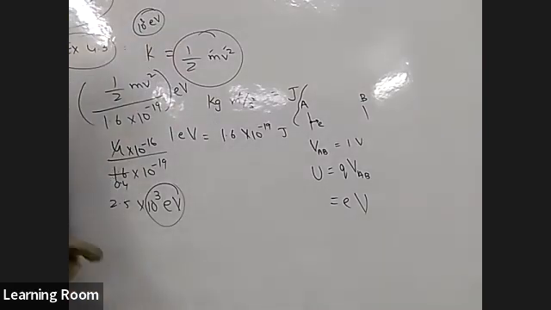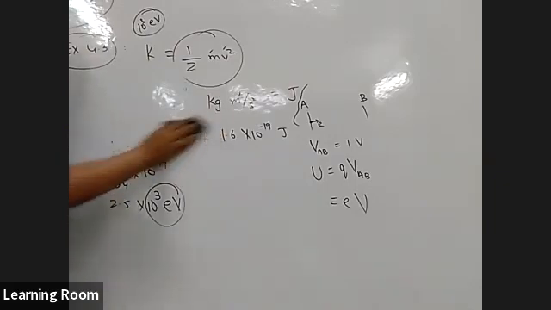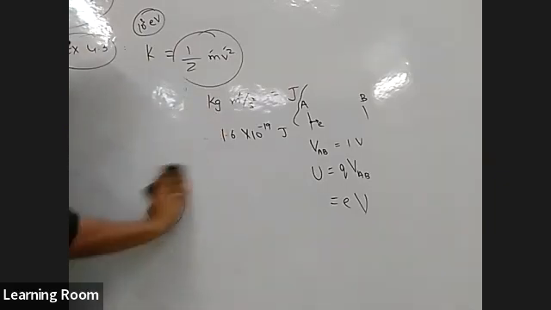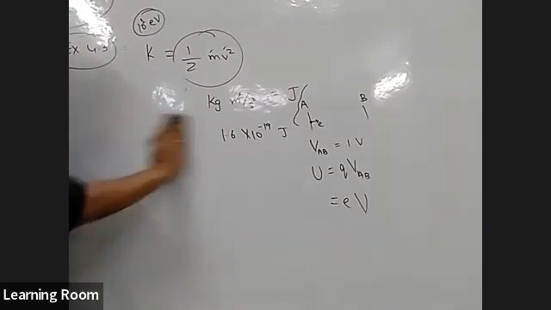So this is all about what happens when the charged particle is projected into magnetic field. Now we will see what happens when a current carrying conductor is placed in magnetic field. What will happen?